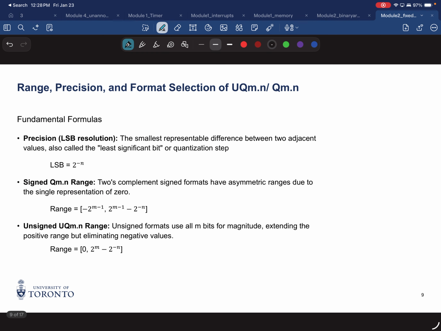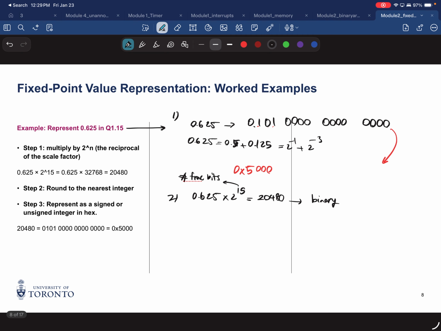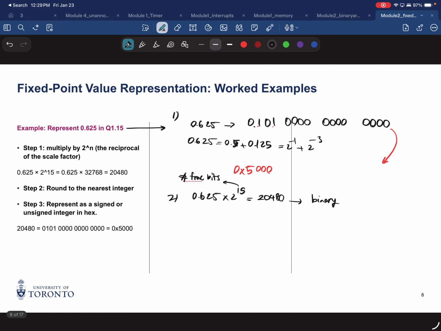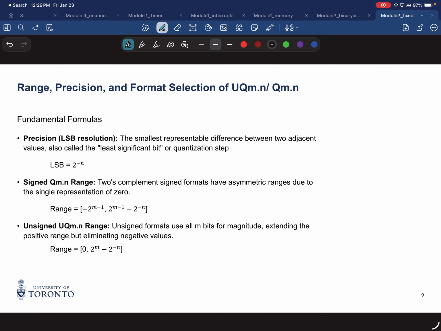Now let's talk about, you've seen it here, Q1.15, for example. We saw a very small number that we showed right here, minus 3 point something, 10 to the power of minus 5. Then we can even have large numbers with this representation, right? But what is the range that you're covering?